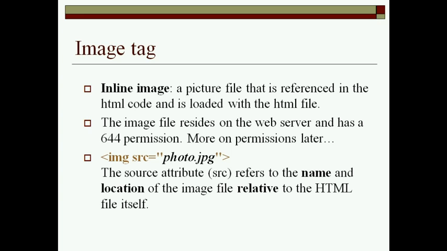Generally speaking, the image file that you are asking for must have appropriate permissions for the web server to serve it to a third party. For those of you who are familiar with Linux systems, an image file or any file that will be referenced by a web document has to be able to be presented to a third party, in other words, a party or an application that has privileges to see the file, and therefore that means that a 644 permission will be required at least.